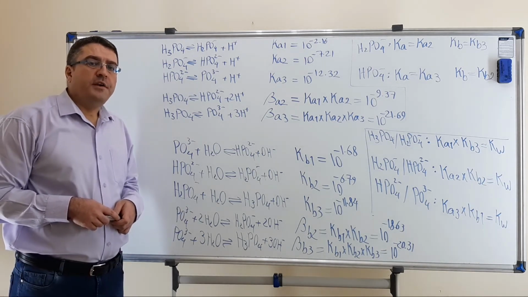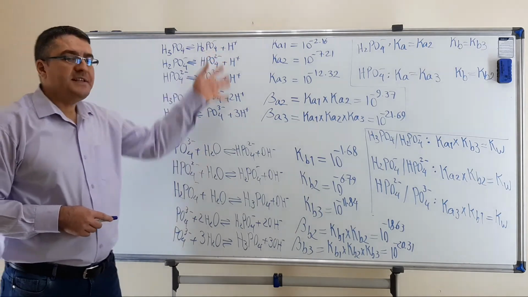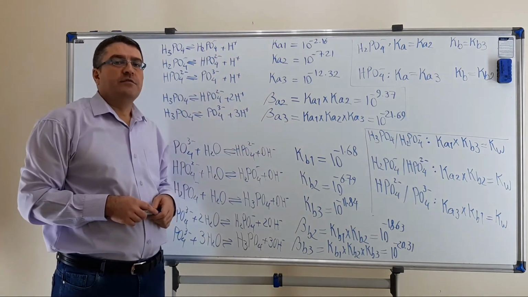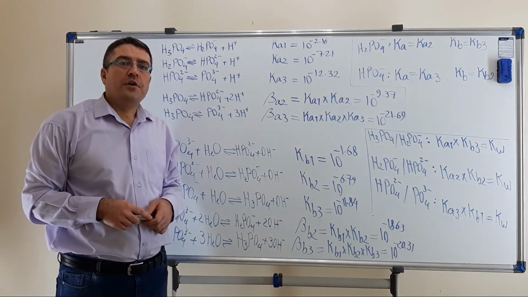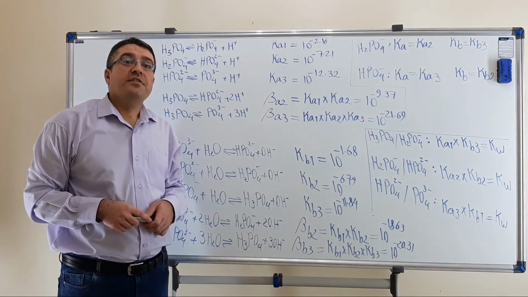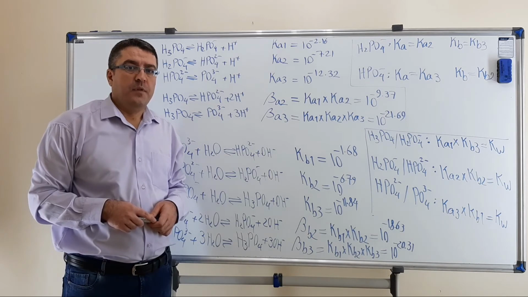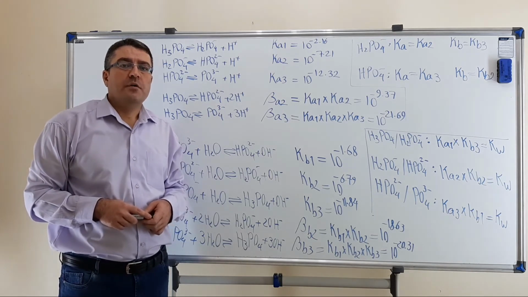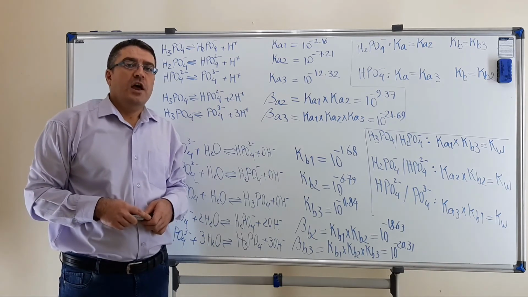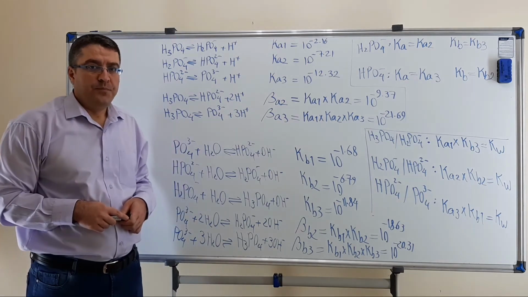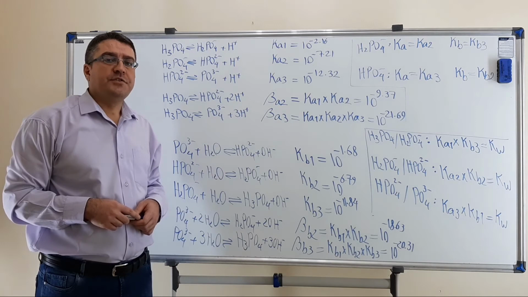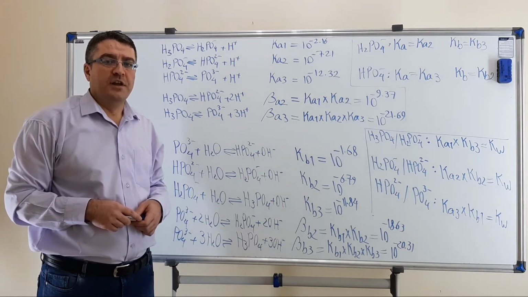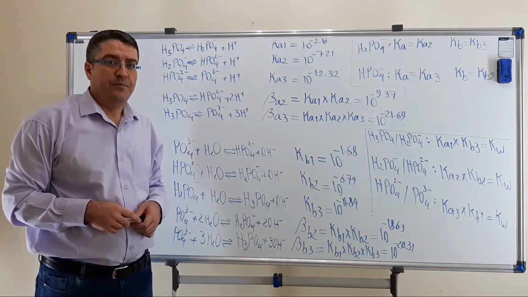Another important point here is the fact that for these examples, carbonic and phosphoric acids, ionizable hydrogens are equivalent, non-distinguishable. It is not important in what order we separate them. There are cases in which ionizable hydrogens are non-equivalent, distinguishable.